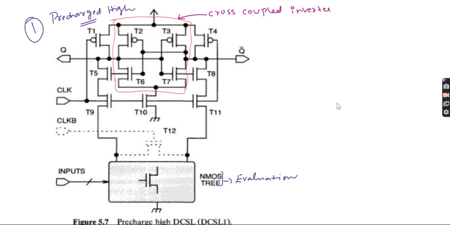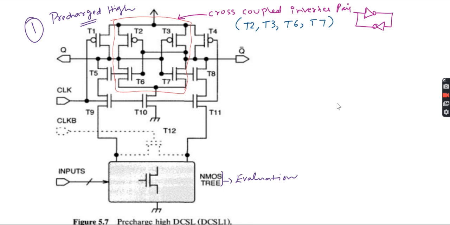Cross-coupled inverter means the diagram is like this: the output of one inverter drives the input of the other inverter, and that inverter's output drives this inverter's input. Now, the cross-coupled inverter pair transistors are T2, T3, T6, T7.